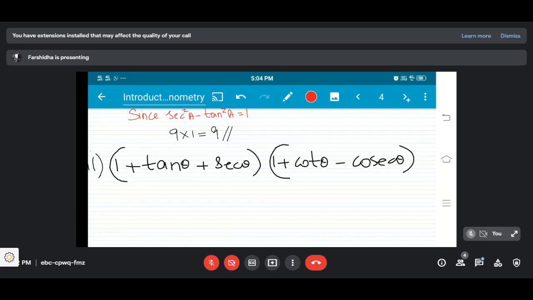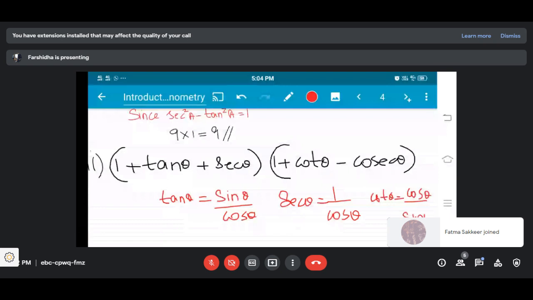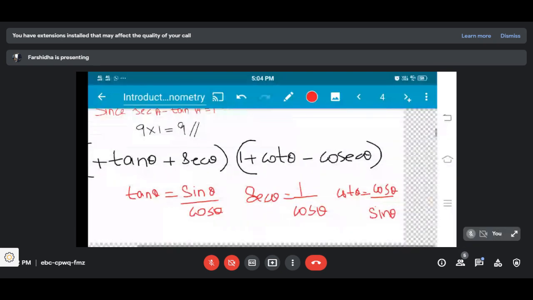So here we'll change tan as sin theta divided by cos theta. And we'll change sec as 1 by cos. Sec is the reciprocal of cos. And also cot theta will substitute as cos theta by sin theta. Cosec theta will write as 1 by sin theta.